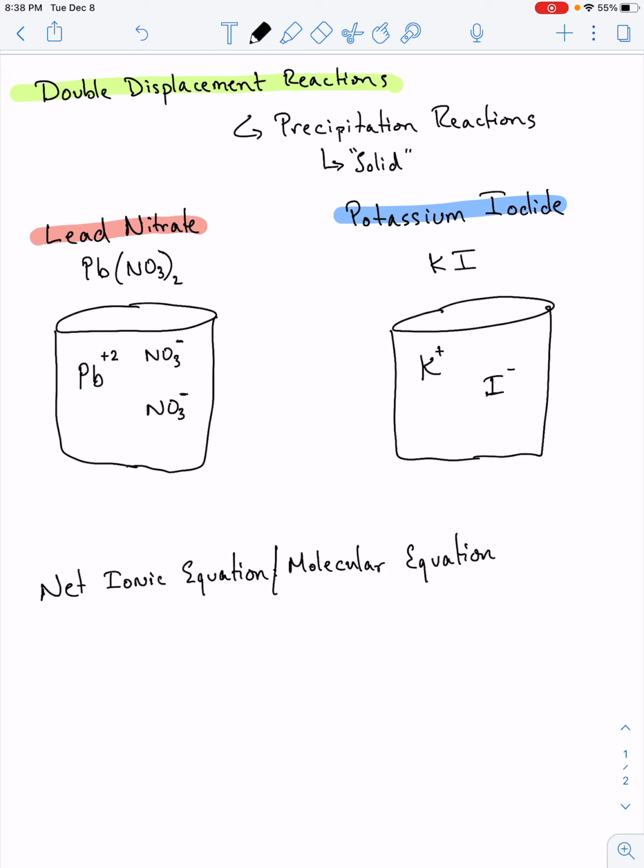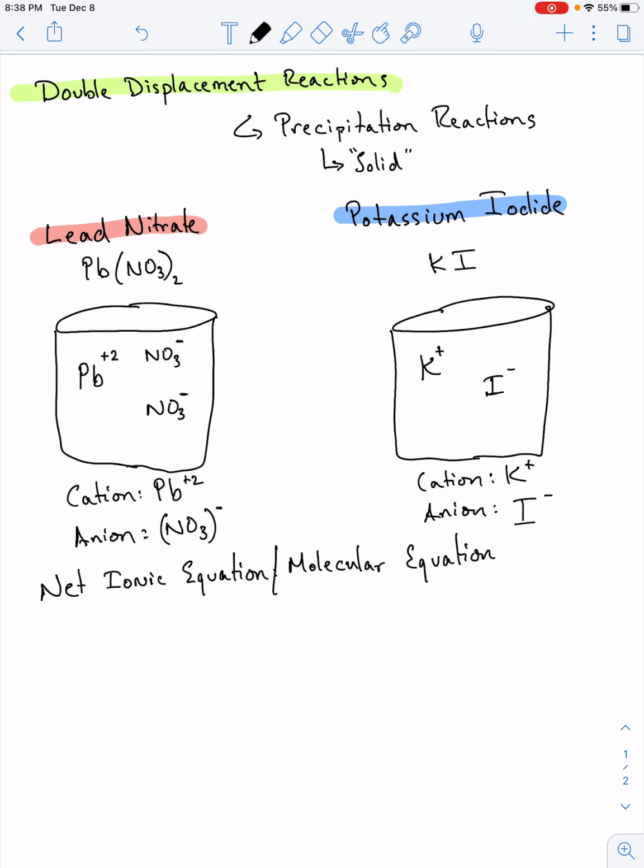And so what I like to do is identify the cation, in this case Pb +2, and then the anion here is NO3 minus, and the cation over here is K plus, and the anion is I minus.